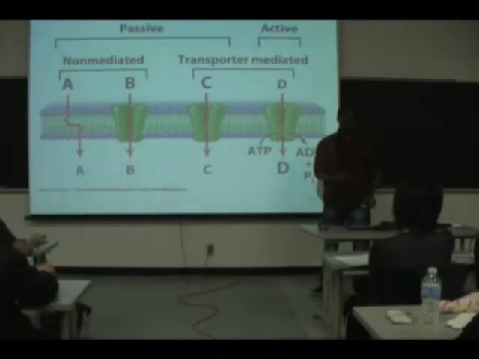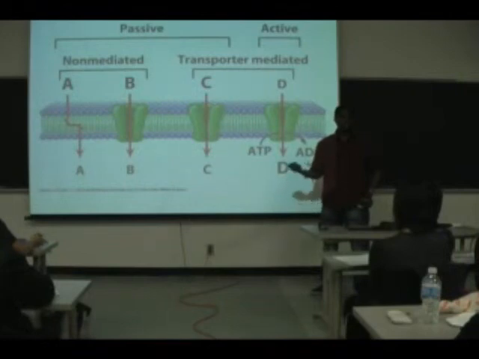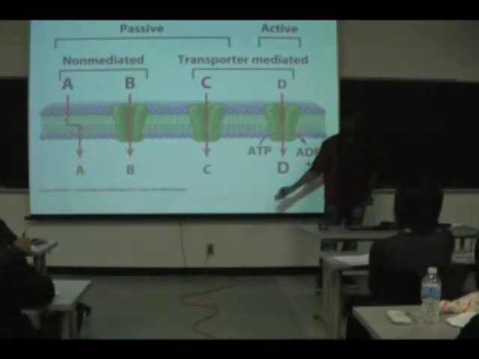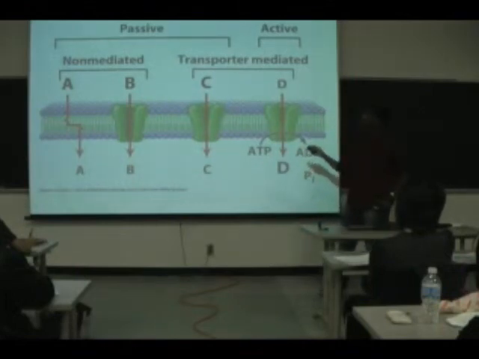Antiporters and symporters, right? Antiporters and symporters are examples of transporters that use the energetically favorable movement of a molecule, an ion, down its concentration gradient to power an energetically unfavorable reaction.